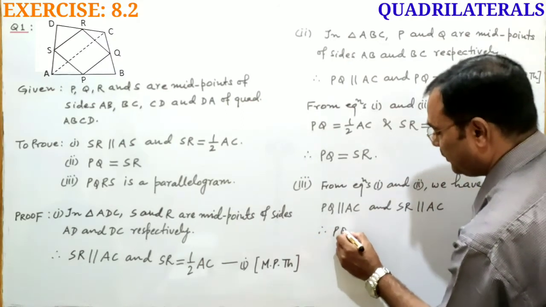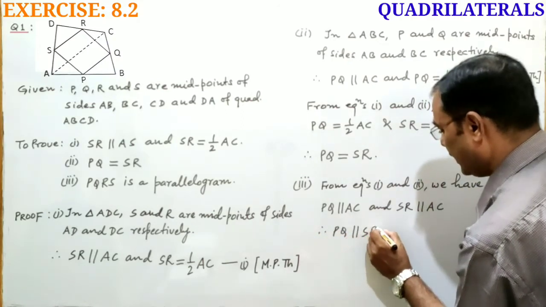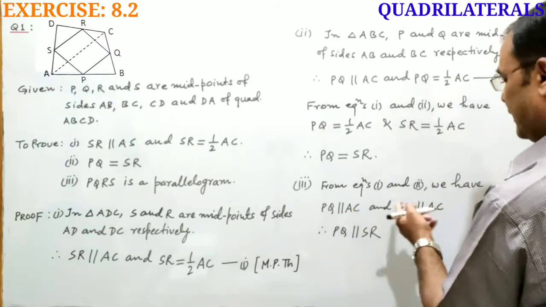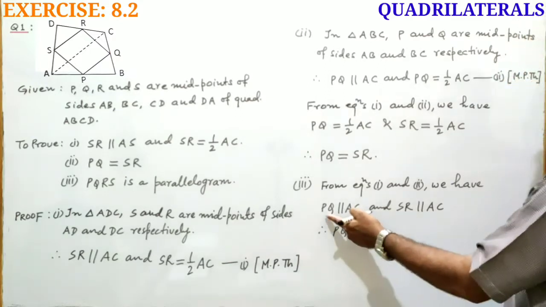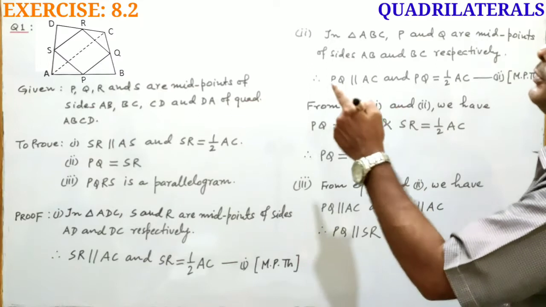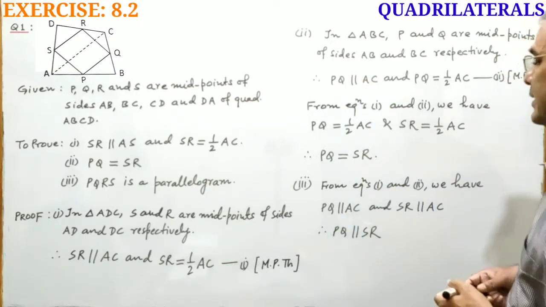Therefore, PQ is parallel to SR, because lines parallel to the same line are parallel to one another. PQ is parallel to AC, SR is also parallel to AC, therefore PQ will be parallel to SR.